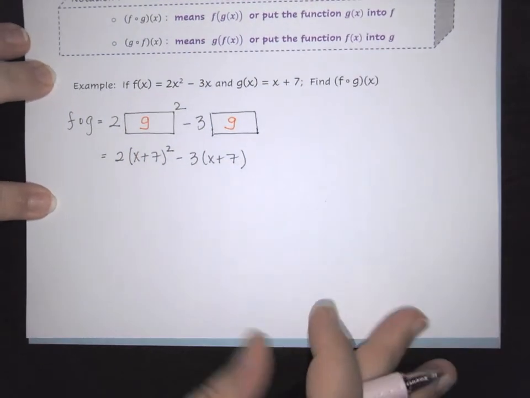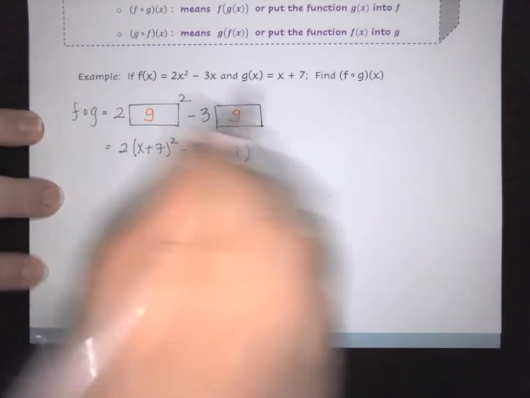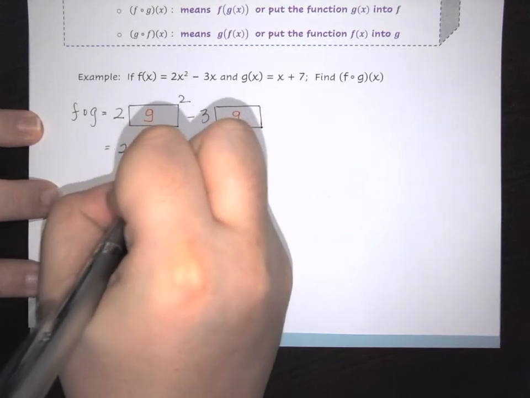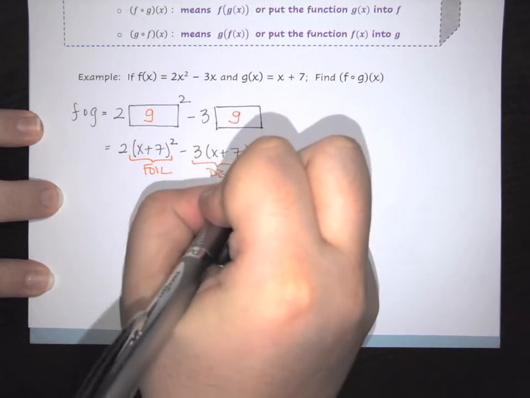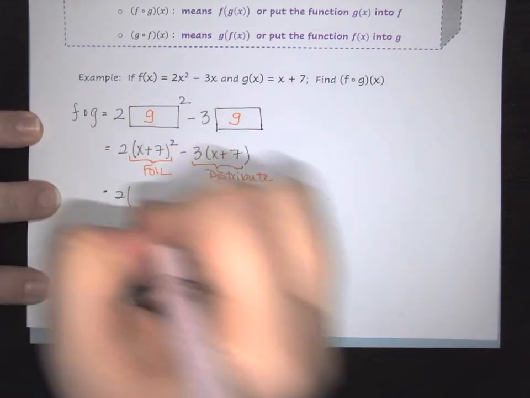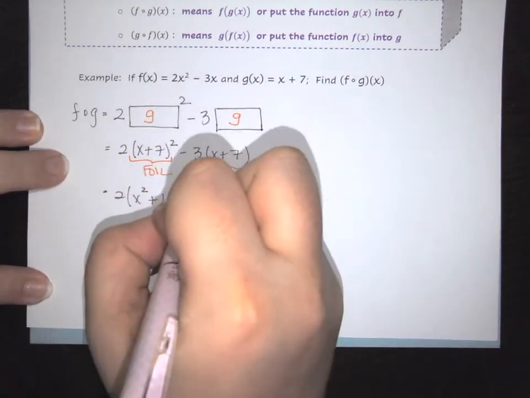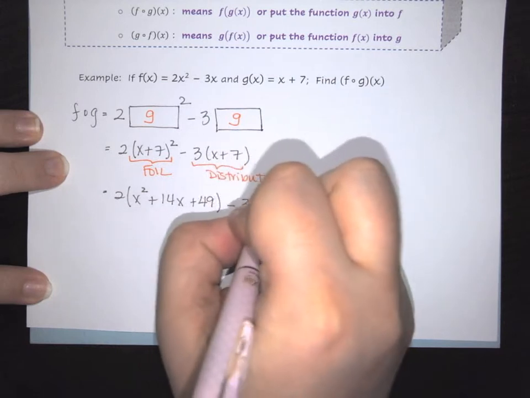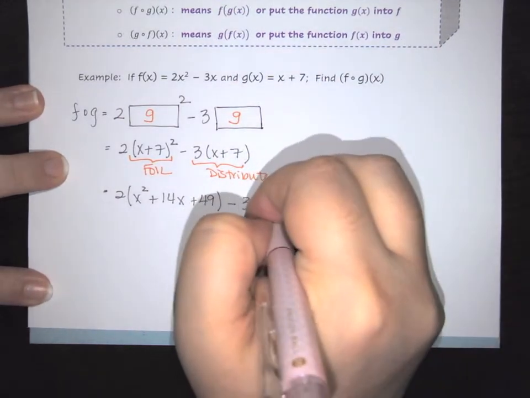Okay? And with that, we're going to go ahead and do the math. You don't just leave it like this, you actually do the math. You're going to FOIL the first one, and here you're going to distribute into the back. So this becomes x squared plus 14x plus 49, and then minus 3x minus 21.